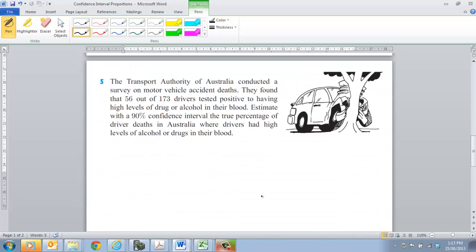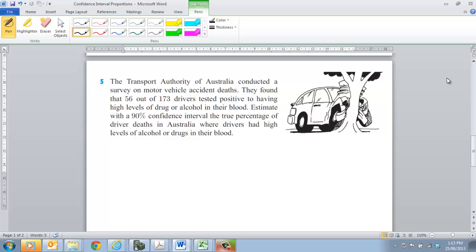Let's go through this example to show you how you do that on the calculator and the thinking behind that. We've got a Transport Authority of Australia conducting a survey of motor vehicle accident deaths. They found that 56 out of the 173 drivers tested positive to having high levels of drug or alcohol in their blood.